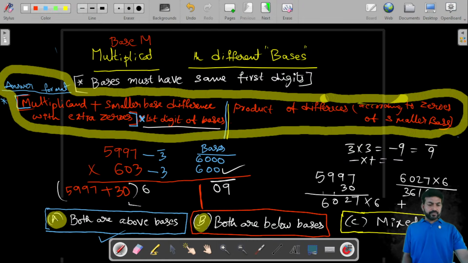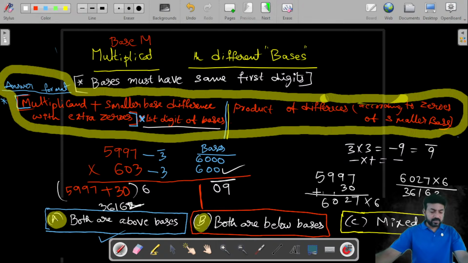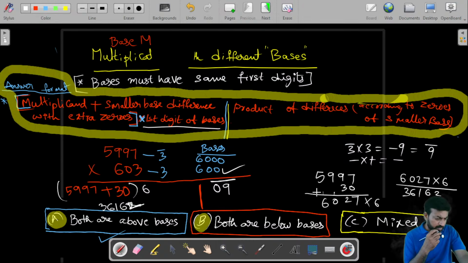Clear? But we got the second part in vinculated format. This answer is 36162. Did anyone complete this answer? Let me check. Darshit, did you check your answer?